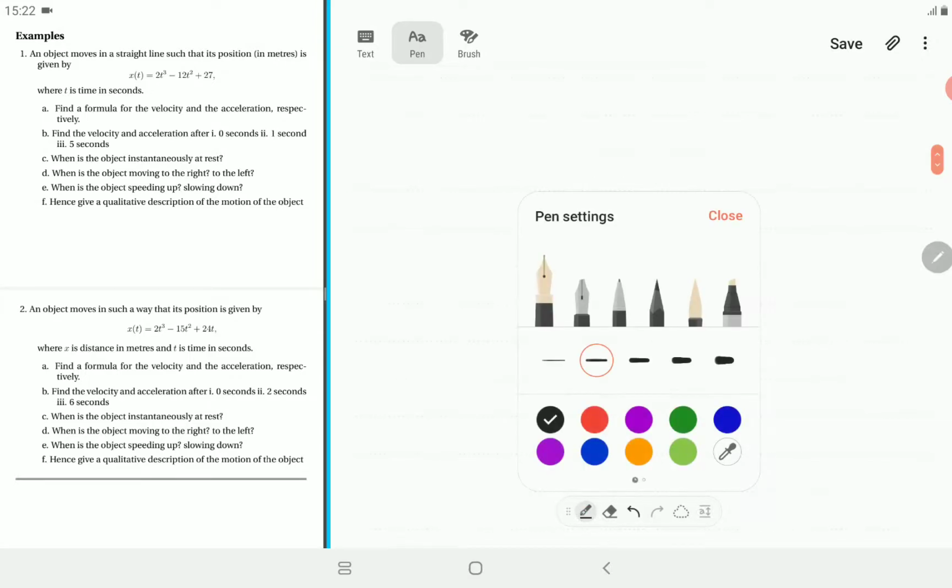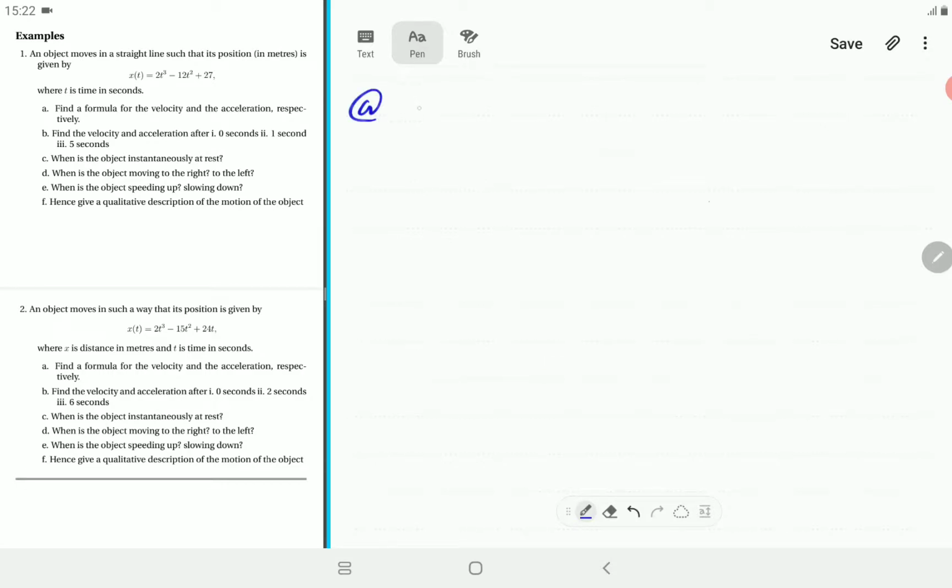All right, so the displacement x is given by 2t cubed minus 12t squared plus 27. So the velocity, we can find that by simply differentiating x with respect to t.